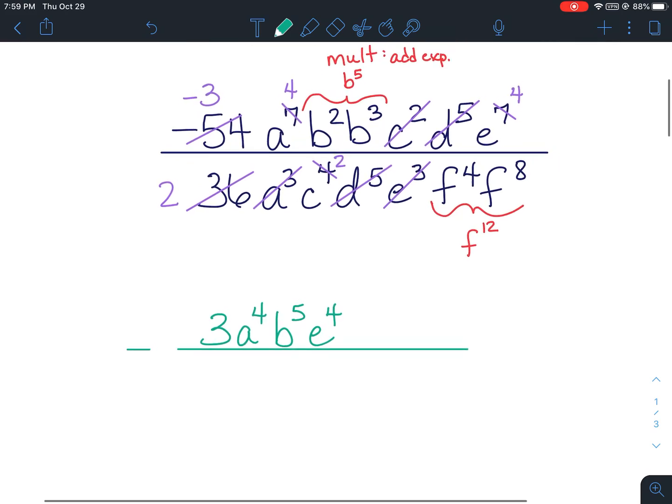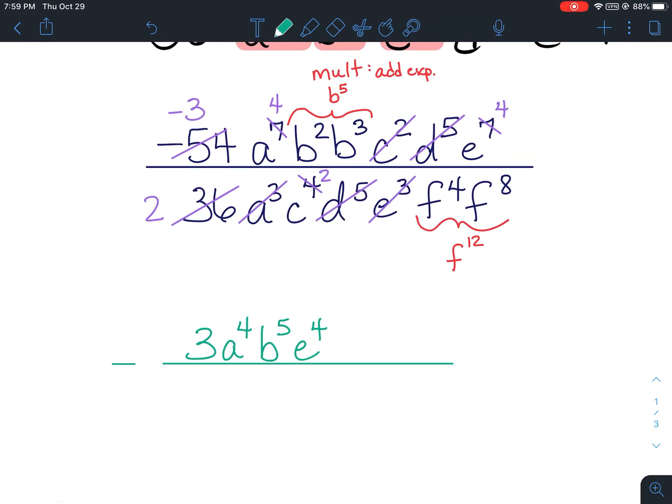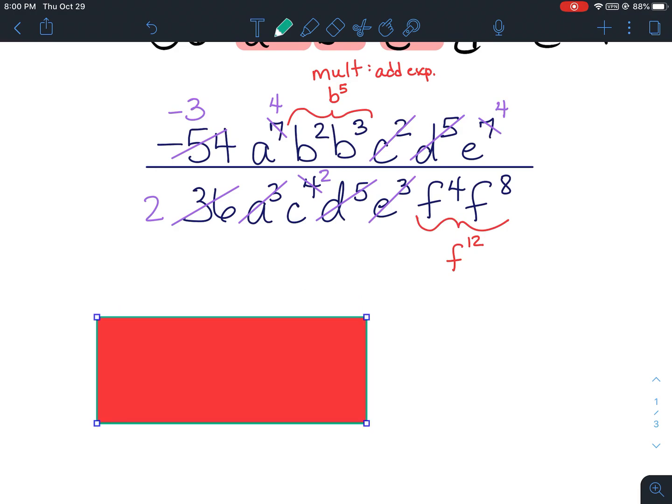In the denominator, I have 2 c squared f to the 12th. Center that just a little bit. And that is my final answer.